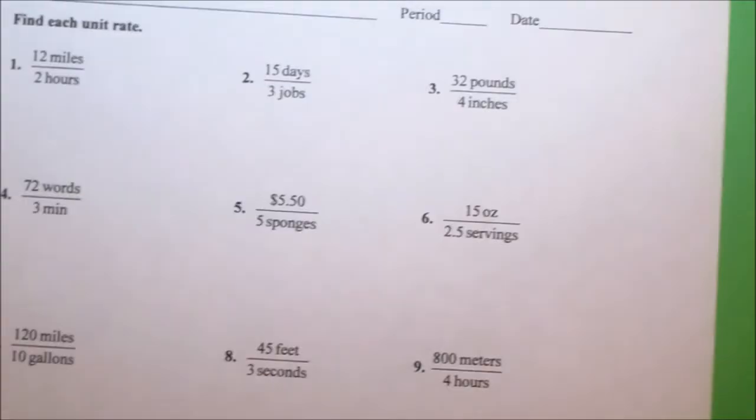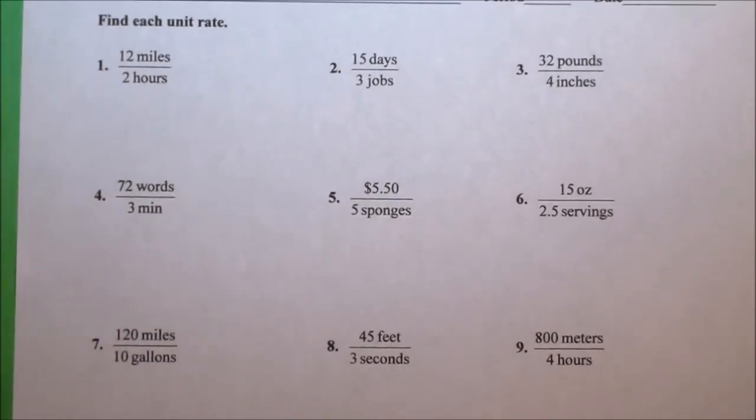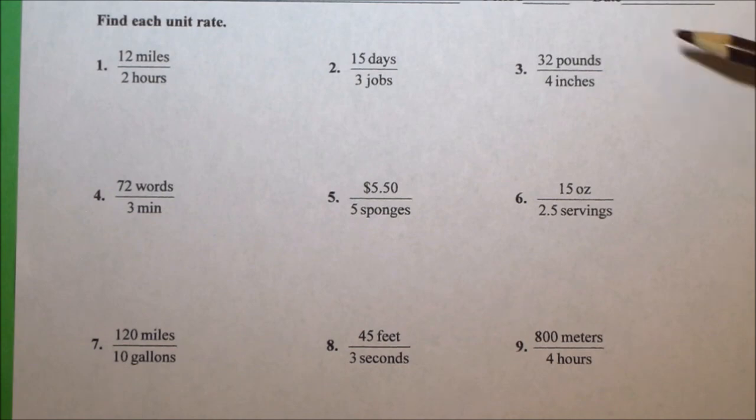Let's take a look at the worksheet and see what it looks like. The whole top part of it is just regular find the unit rates, the same thing we did in your notes in the first examples. Equal sign, 1 with the unit label in the denominator. Figure out what you had to do to get from this number to that number. What you do to the bottom, you do to the top.